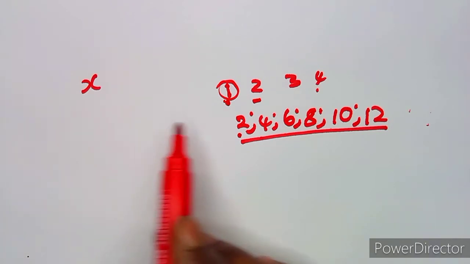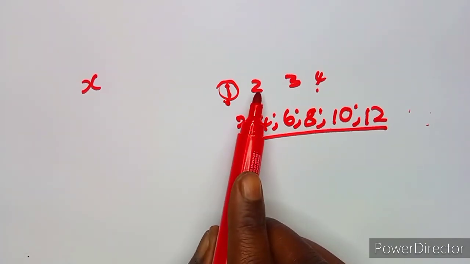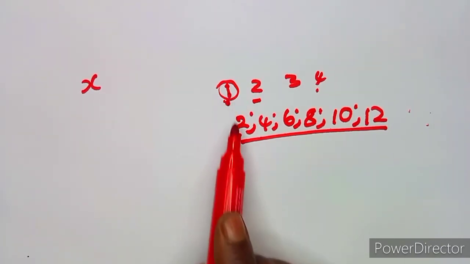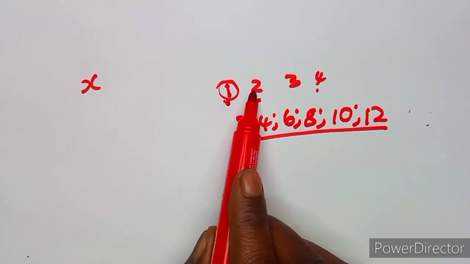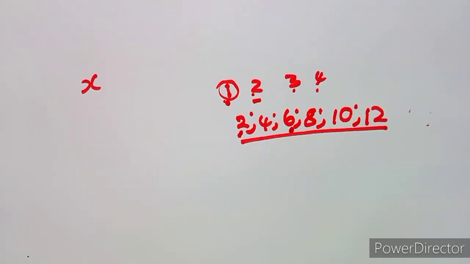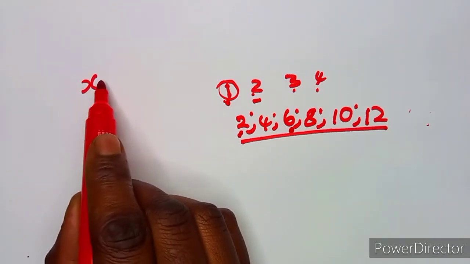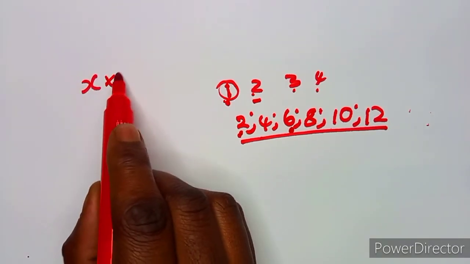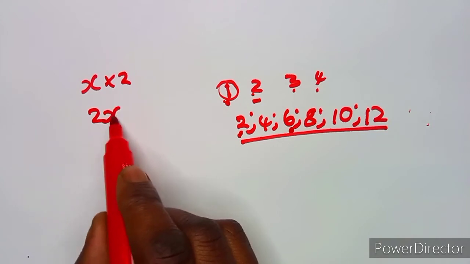An even number, which is 2, can be obtained by 2 times 1, which is 2. Just the same as 2 times 3, which is 6. So if you multiply any odd number by 2, it is going to give you an even number. I hope it's clear. So if I multiply this by 2, I'm going to have 2x, which is now an even term.